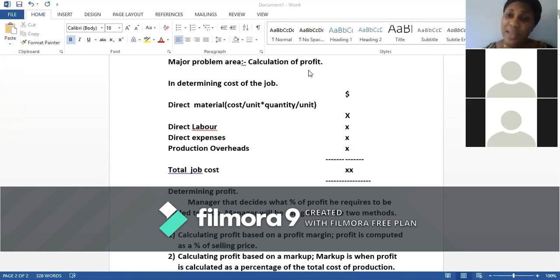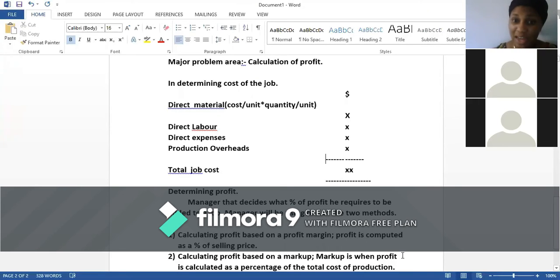But when a producer is saying, mark up my profit, I want a markup of 20%, he's saying he wants his profit to be 20% of the total cost. That means the total cost itself represents 100% and the profit represents 20%.